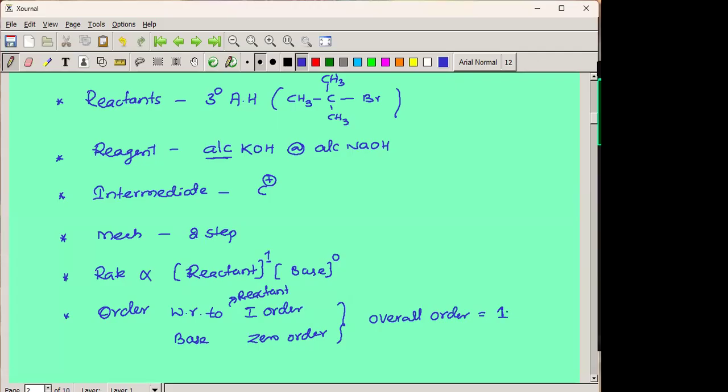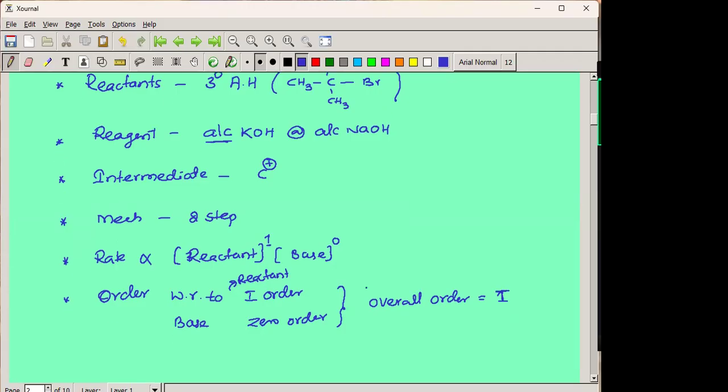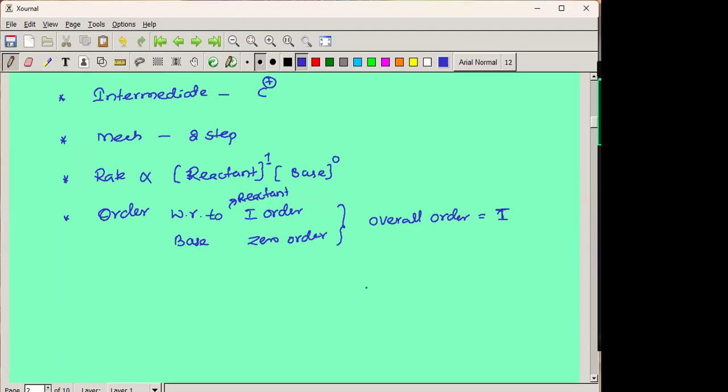So here I am going to increase the concentration of base 4 times. The concentration of base is increased 4 times in an E1 elimination reaction. What is the rate of reaction? Either it is increased or decreased or there is no change in the rate of reaction.